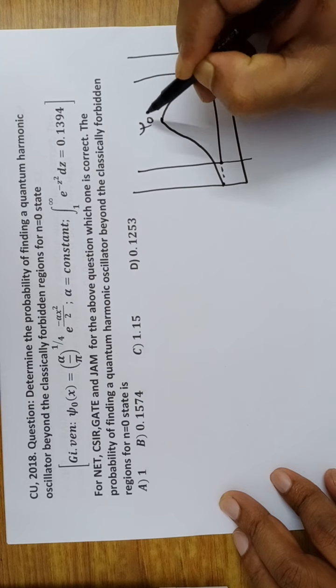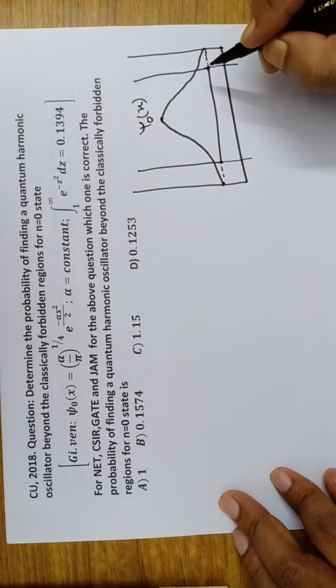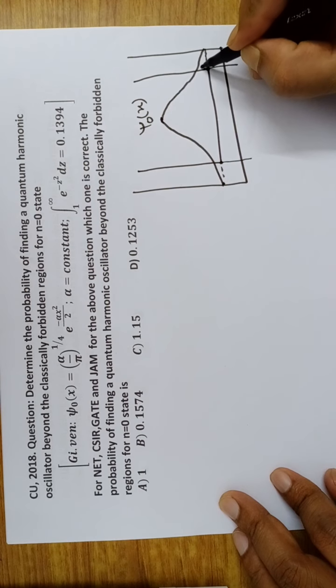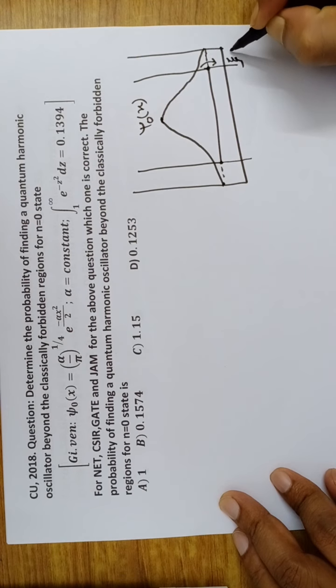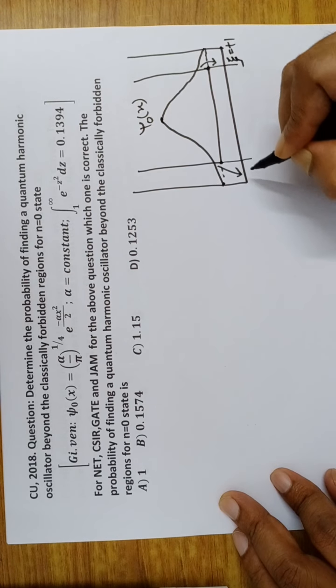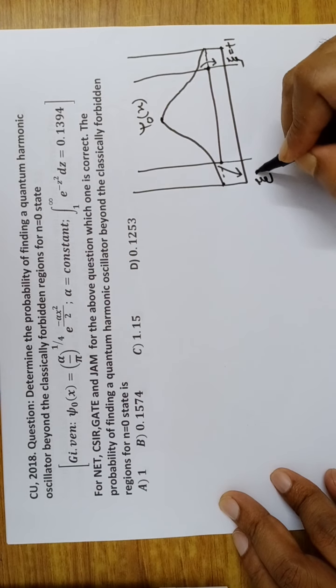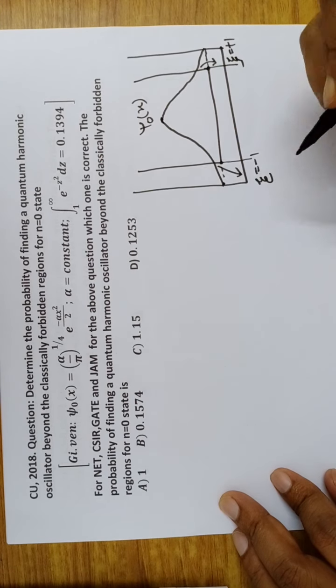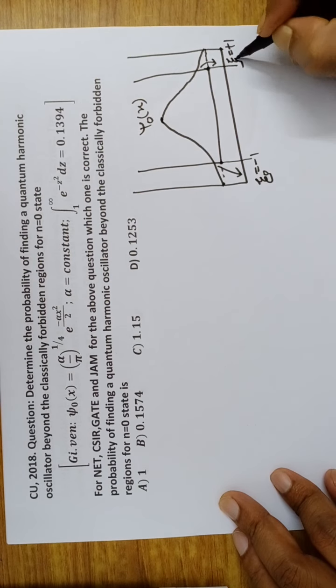Psi 0 of x, and this is the xi or zeta equal to plus 1. What is this? Zeta equal to plus 1 and zeta equal to minus 1, or it may be called zeta 0. It is zeta 0. Okay.